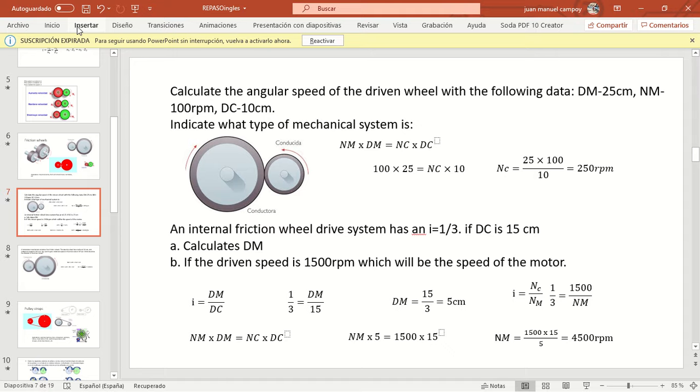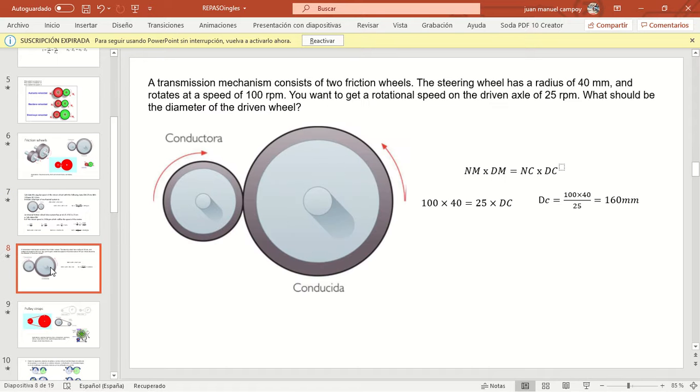It's the same result. You can do it as you want. Okay, you have both formulas, so you can do it both ways. In this case, we use this one because we have the transmission ratio.